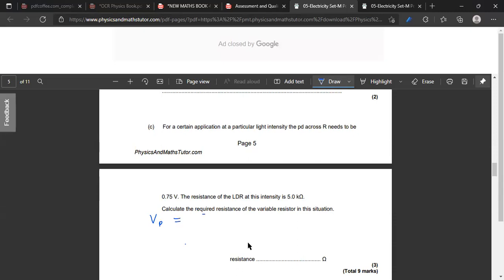So V is equal to the supply PD divided by R1 plus R2 plus R3, and then you times it by the supply PD.